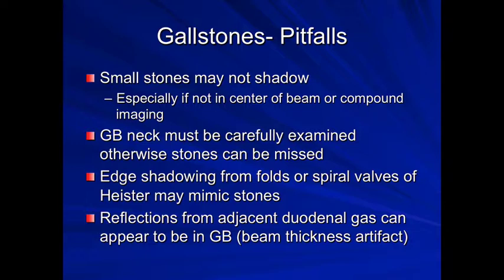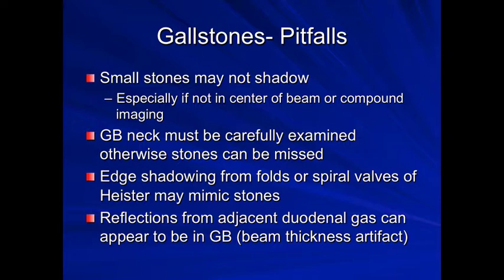And these can both mimic stones, causing shadowing deep in the neck and the bright echogenic surface of either the fold or the spiral valve. And so if you're unsure, it's worthwhile looking from another window just to try and distinguish between these possibilities.